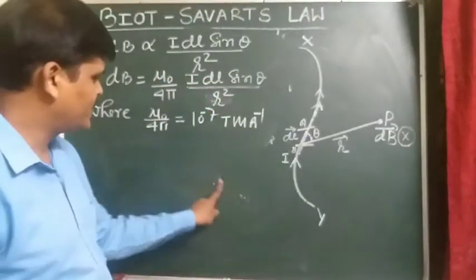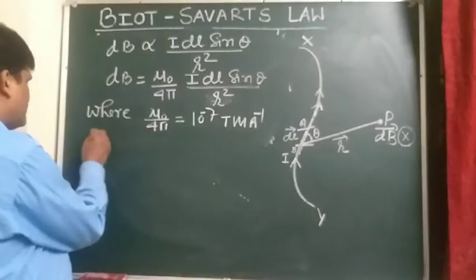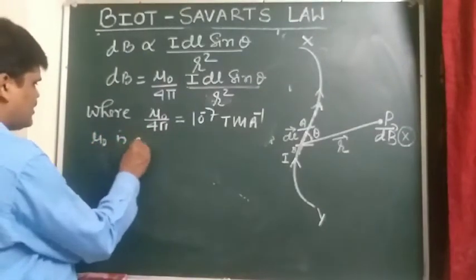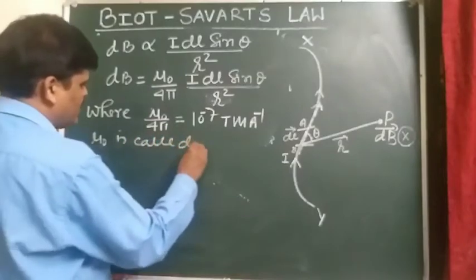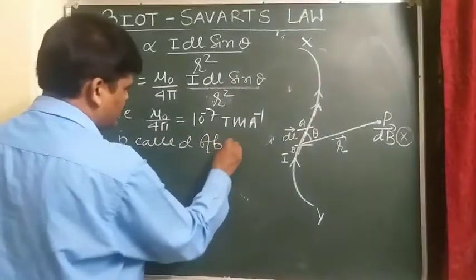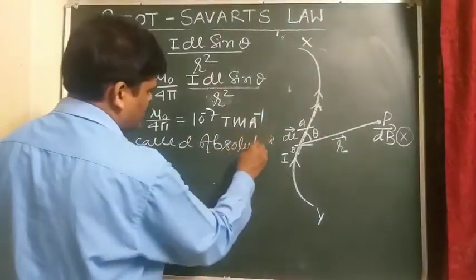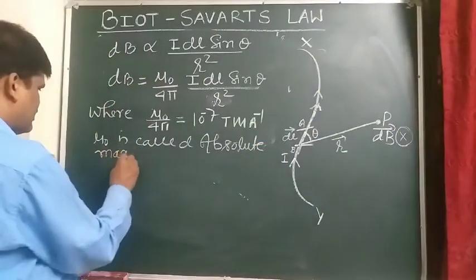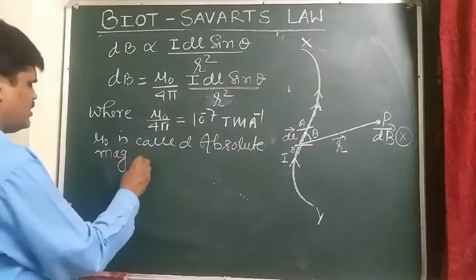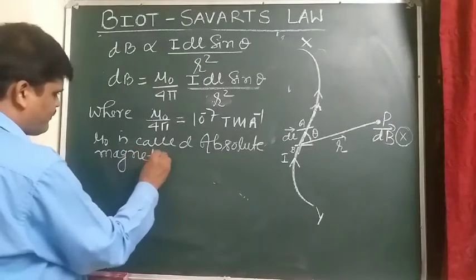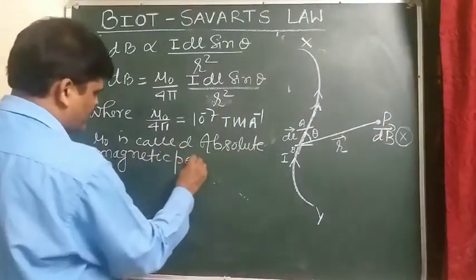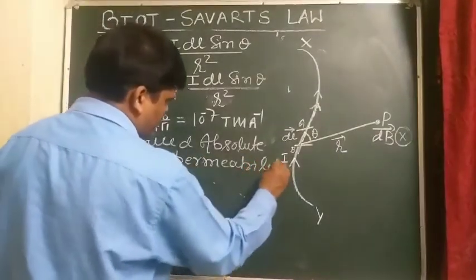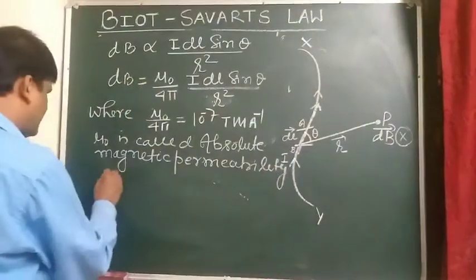And student, where mu naught is called absolute magnetic permeability of free space.